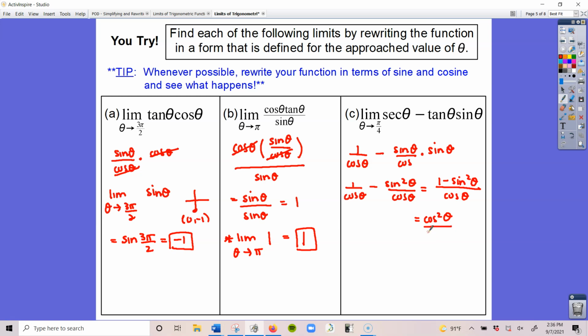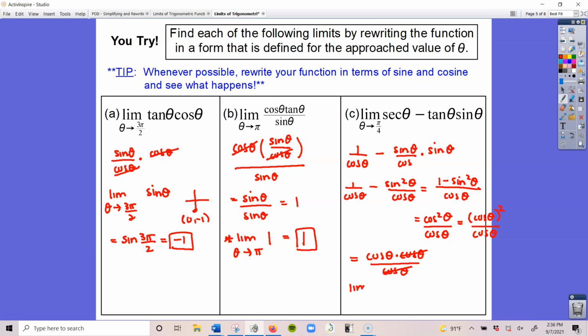And now that's over cosine. Now remember, cosine squared is the same thing as saying cosine theta squared. It means that there's 2 of them. Just to be clearer, this is like saying cosine theta times cosine theta all over cosine theta. So one of these cosines will cancel. And all we have left now is cosine theta.